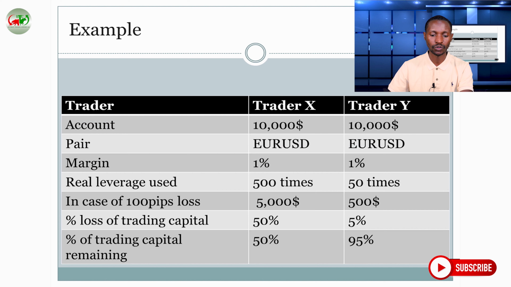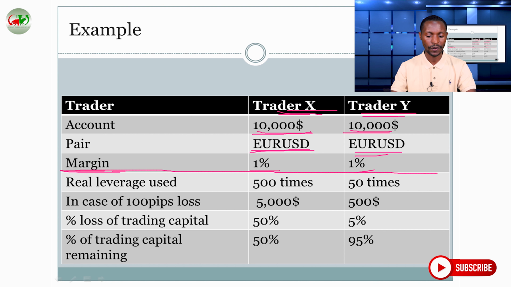Let's see how it can be very dangerous if it is not properly used. Let's take an example of two traders, trader X and trader Y. Both have an account of $10,000, and they both want to trade Euro USD. They are using the same broker, which has a margin of 1%. Up to this point, these things are all equal.